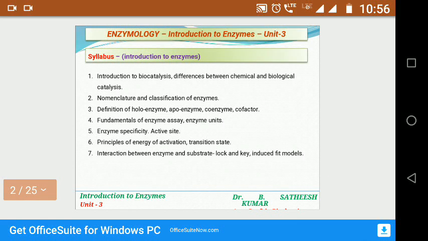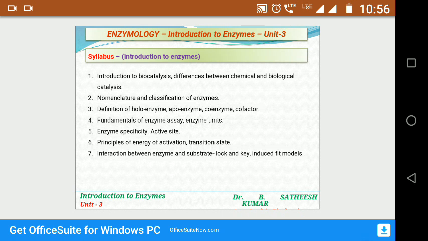Let us have a look at the syllabus of the third unit for biochemistry students. We have seven topics that are going to be covered in the unit. The first and important thing is we are going to study the introduction to biocatalysis and the difference between chemical catalysis and biocatalysis.